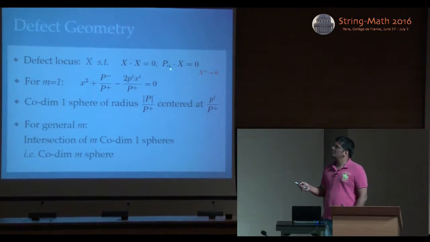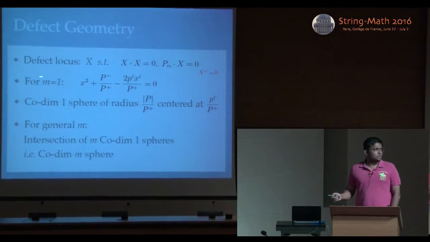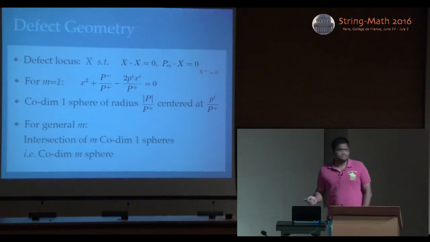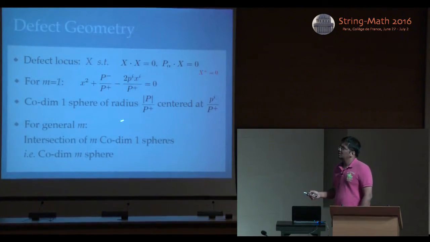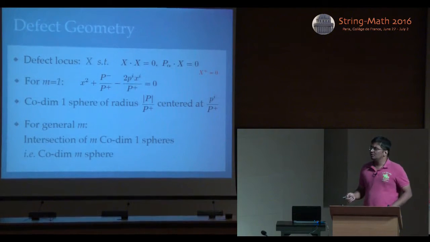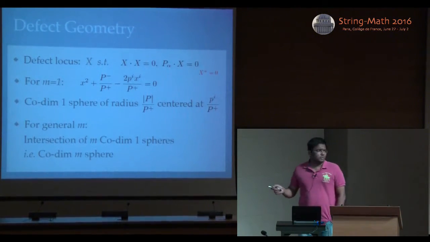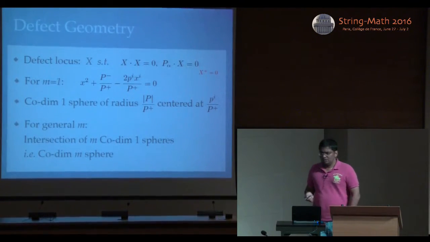So we only have one vector, P dot x equals 0, and this transversality condition translates into this. And this is simply the equation of a codimension 1 sphere of radius mod P divided by P plus and centered at P^i divided by P plus. Now it's clear what it means for general M. General M is simply M conditions of this type. So the final locus that we get is going to be the intersection of M codimension 1 spheres, which is simply a codimension M sphere.